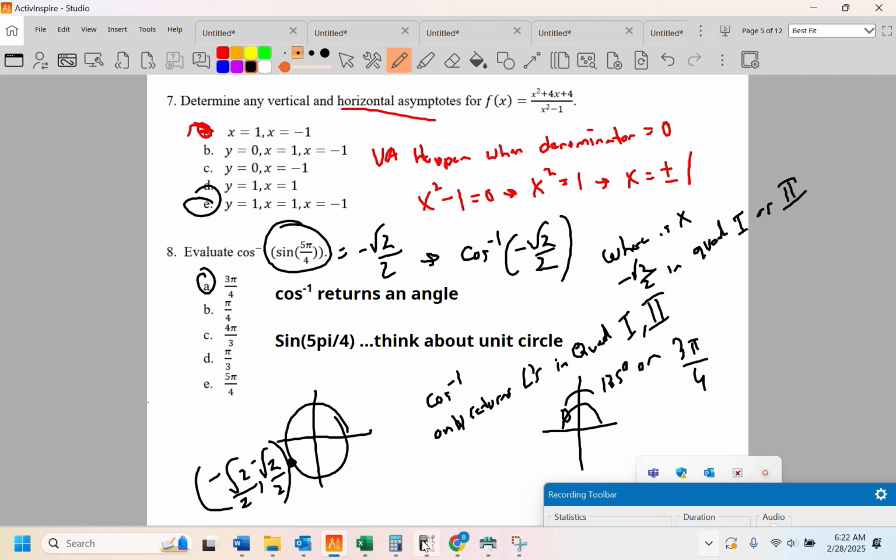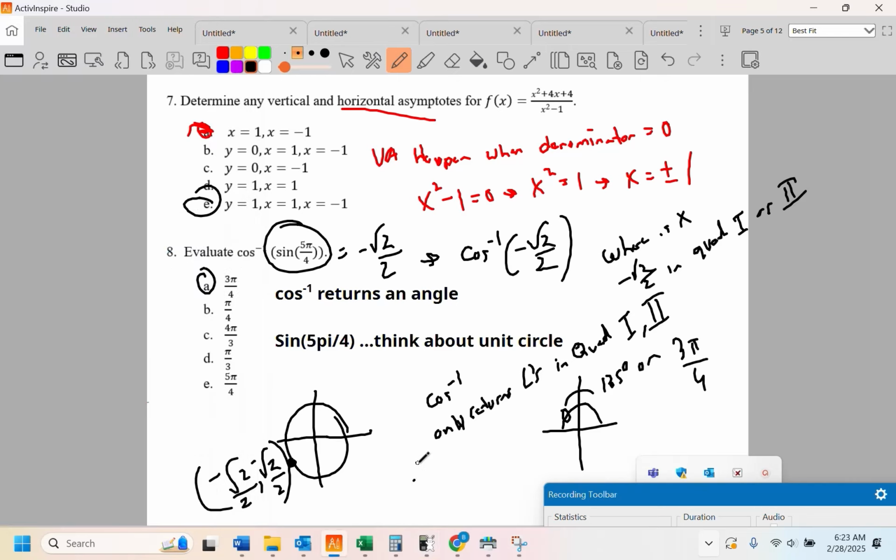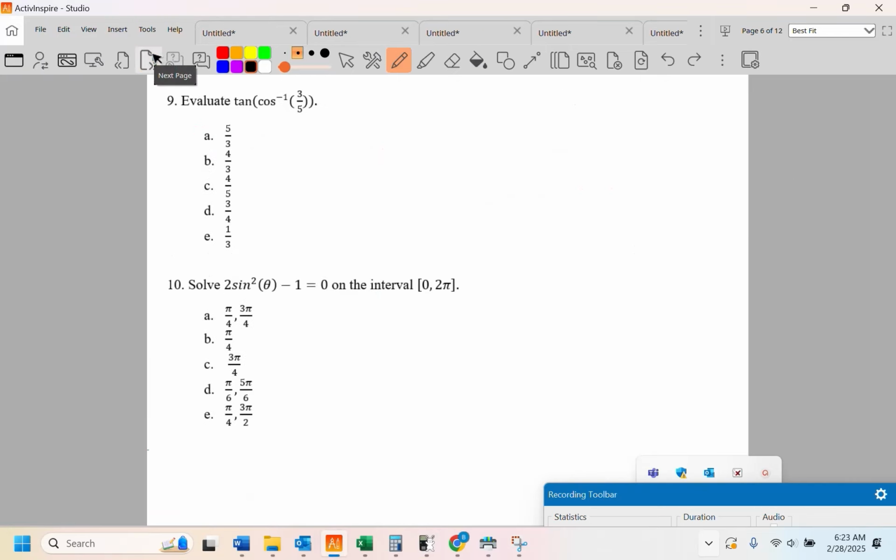I know that seems funny, and it'd be so wonderful if you got to use a TI-84 on your challenge exam. But if you hit second cosine of negative root 2 over 2, and I'm already in degree mode, by the way, it's going to say 135 degrees. If it's there, I wasn't lying to you.